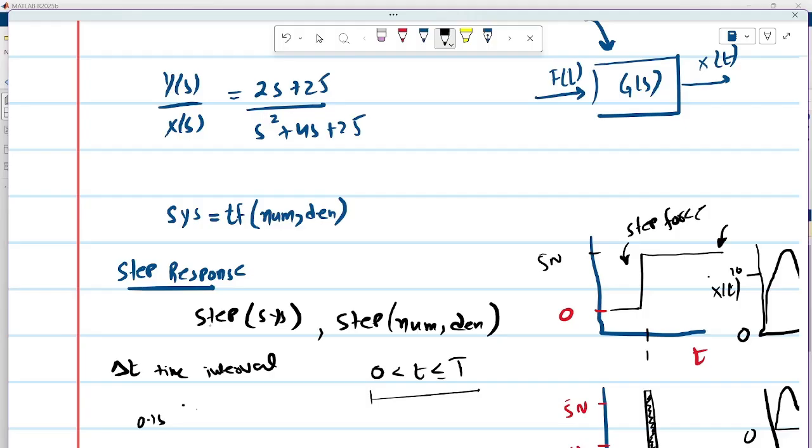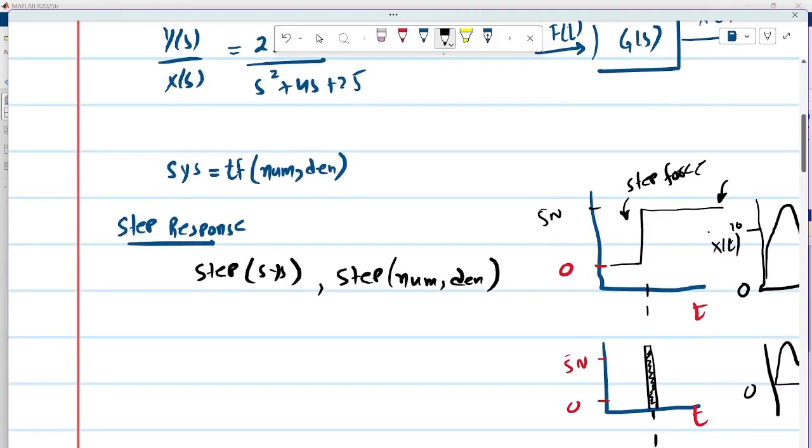MATLAB will decide on its own. But if you have a particular requirement of time interval, that you want to study the system after every 1 second or every 2 seconds, you have to define the time interval to MATLAB as well, and we'll look into that later.